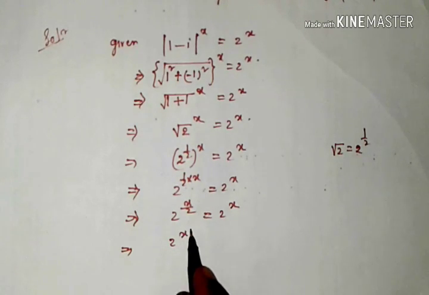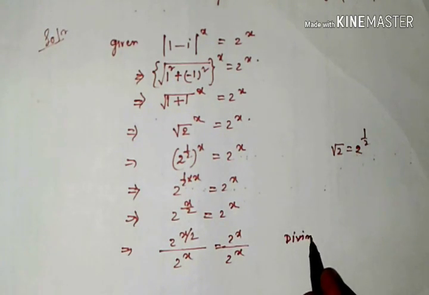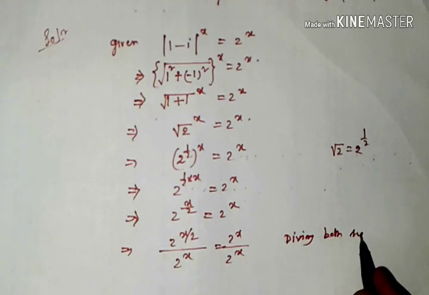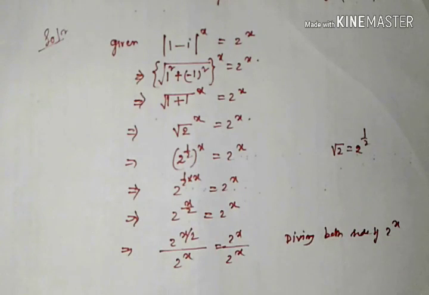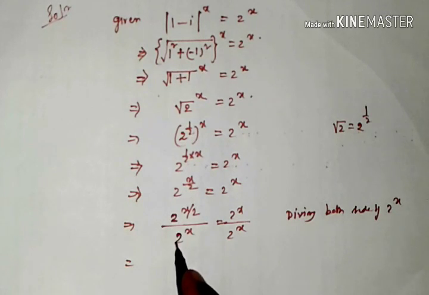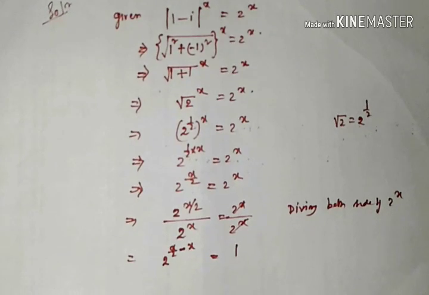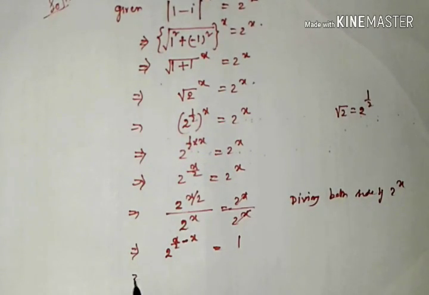Dividing both sides by 2 to the power x, using the property of exponents, we get 2 to the power x by 2 minus x, and the right side cancels to 1.